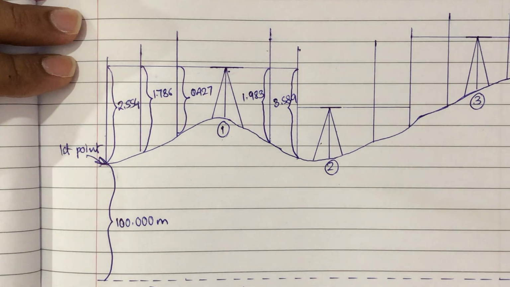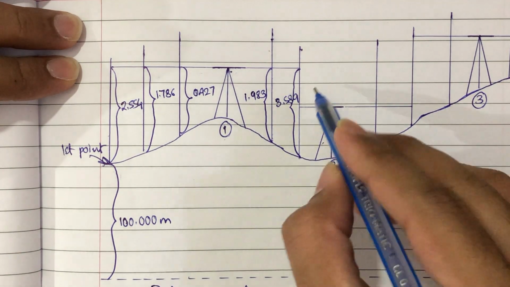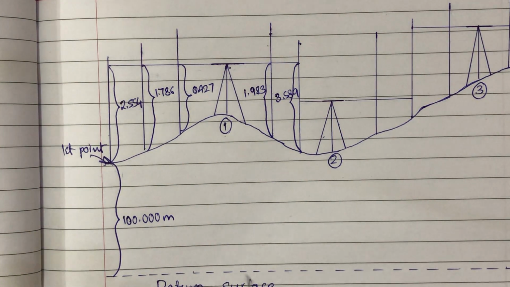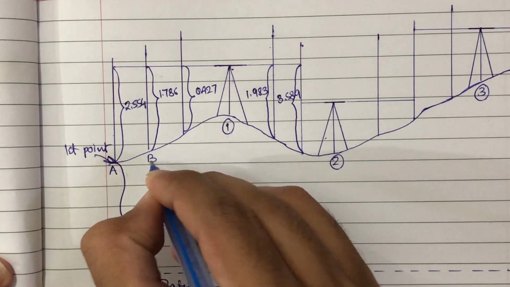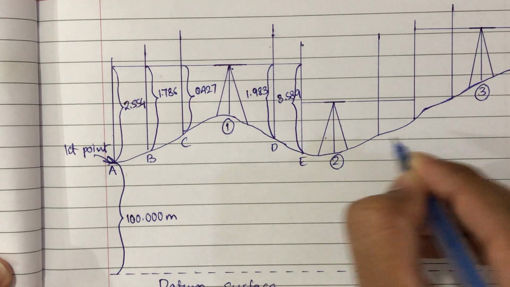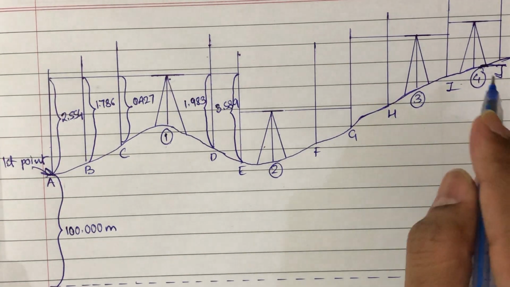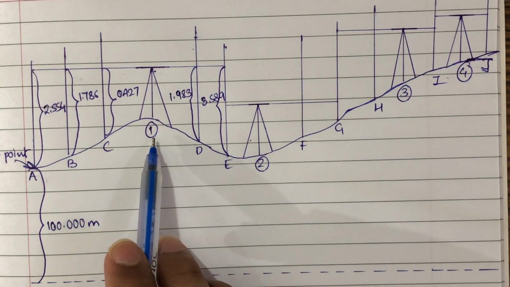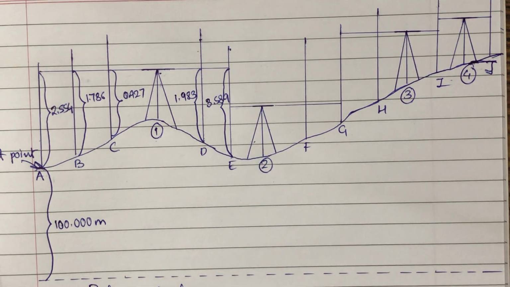After this reading, the instrument changed to position 2, but the staff was held vertically at this position itself. Suppose this is point A, B, C, D, E, F, G, H, I, and this is point J. When the instrument was shifted from point 1 to point 2, the leveling staff was held at this point E only.